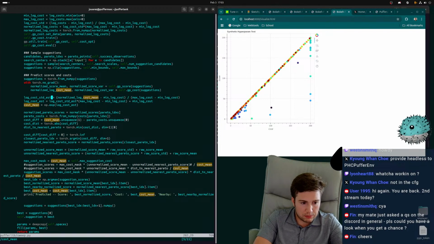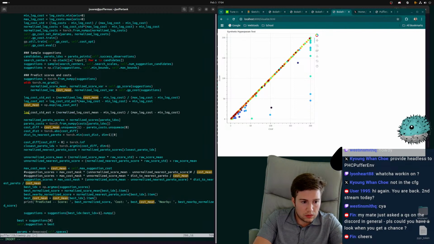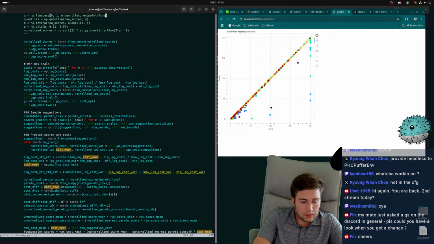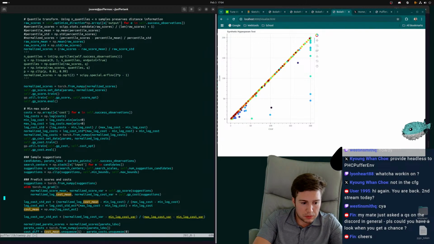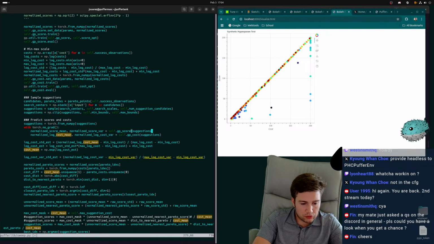And do some logging here. Having all these transforms is really obnoxious. I don't know why we're working in log space anyways here.